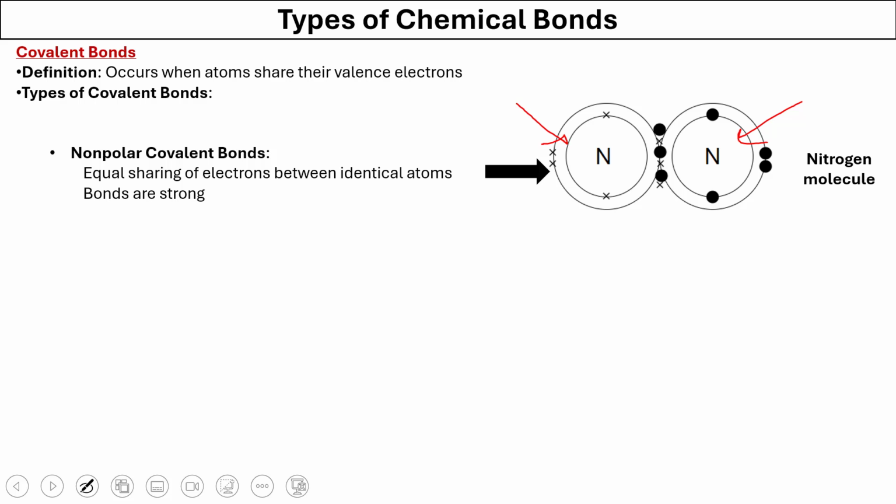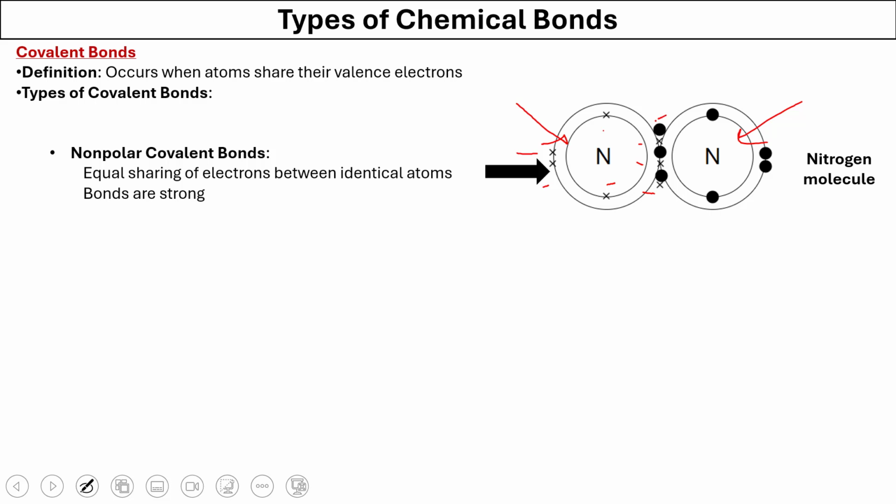As we saw before, nitrogen has 2 electrons in its first shell, and in the second shell it has, look at these, 1, 2, 3, 4, 5. It has 5 electrons in the outermost shell and it needs 8. So how many will it borrow from the other one? 3 electrons.